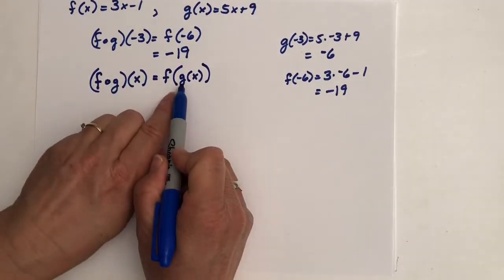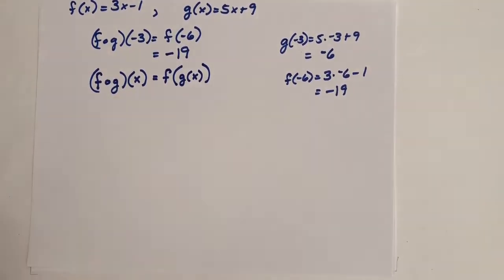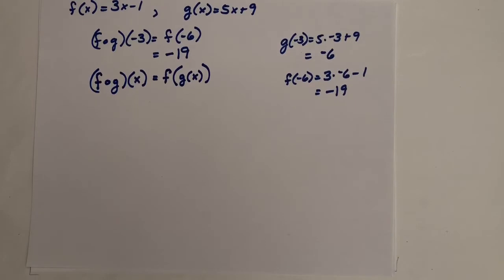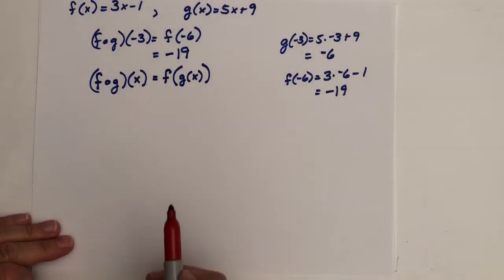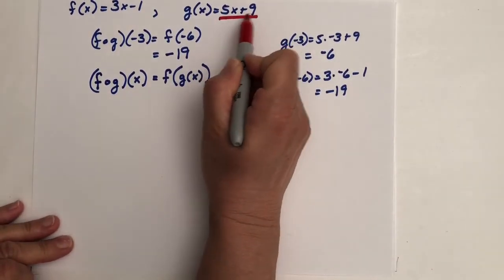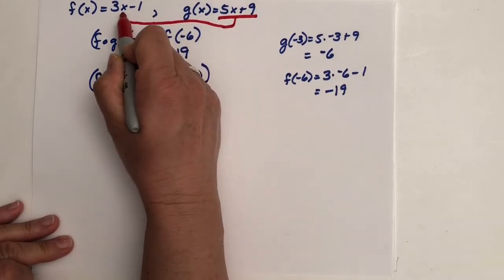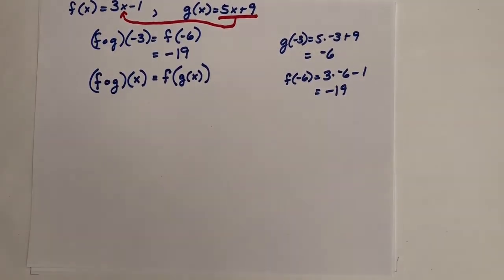So this implies we're going to take the entire g function and substitute it into the f function. We're not looking for a number now, we're looking for a new function. So this entire g function is going to replace x in the f function.